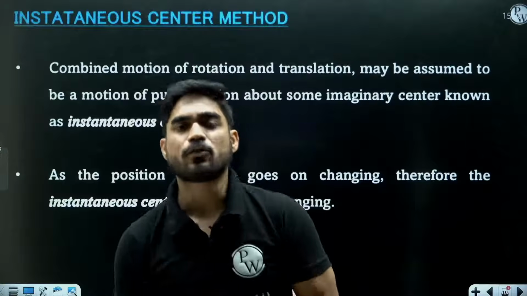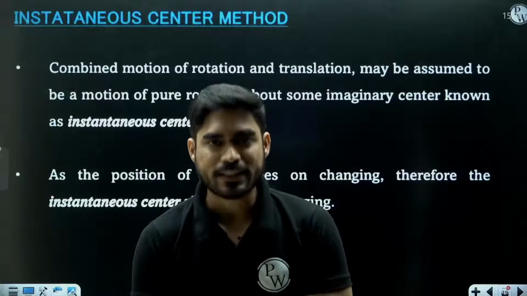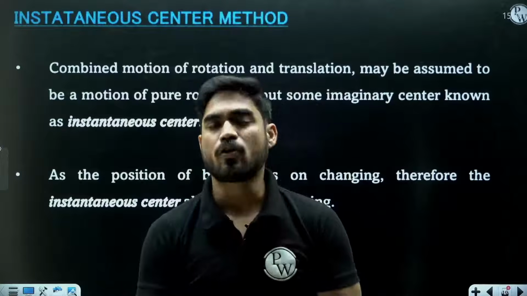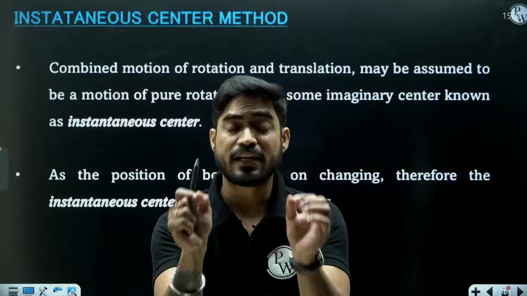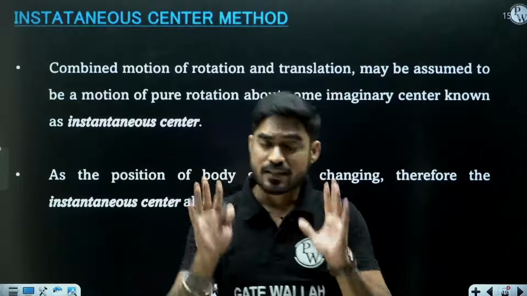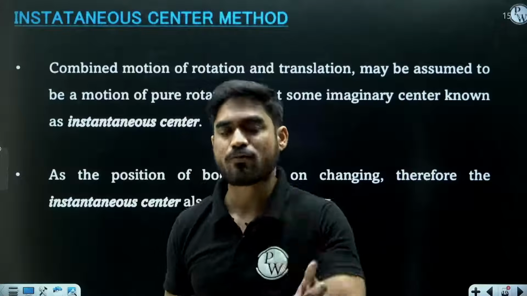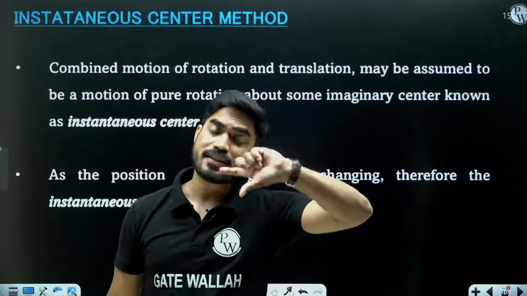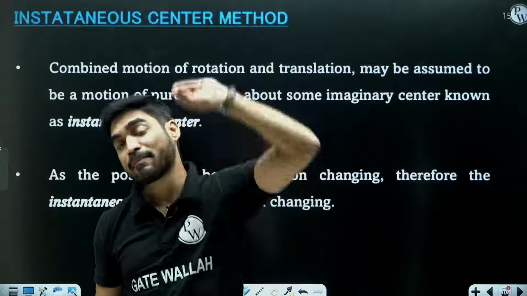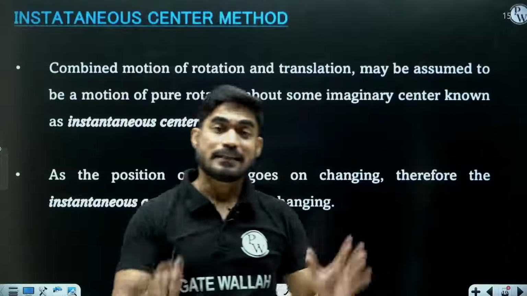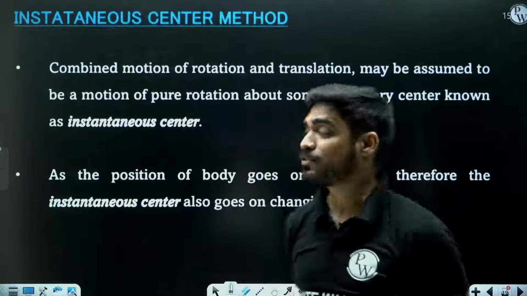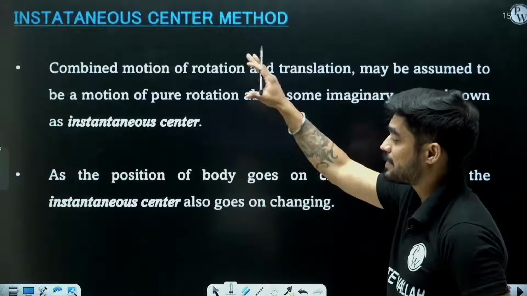But if I want to calculate the velocity of any point on this pen at any instant, I can assume that at that instant, for example t equals 5 seconds, it was under pure rotation about some imaginary point. This imaginary point is known as the instantaneous center.